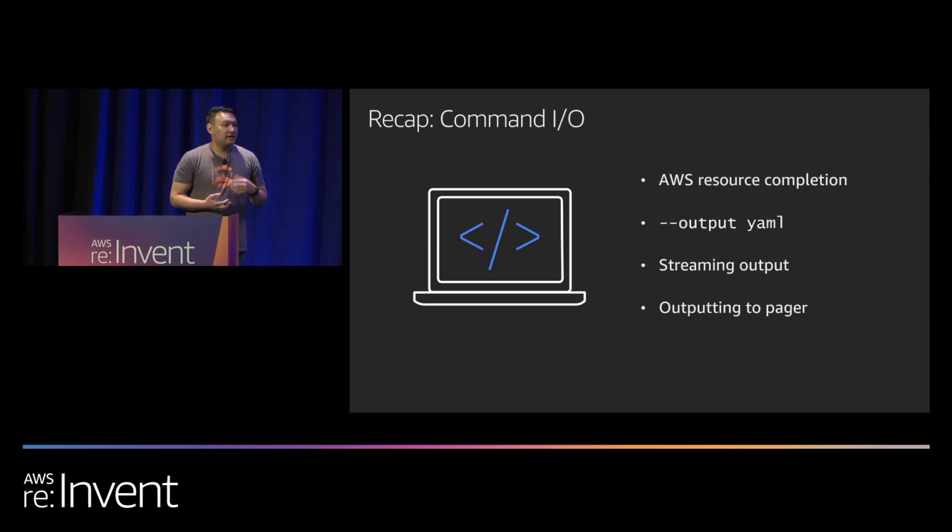Then we looked at some improvements to the streaming output that also included this new YAML stream that should make things a little bit more efficient and responsive in the CLI. And of course, throughout that, as I was running commands, we saw that it was putting the output to a pager so that I didn't have to scroll back if the output exceeded one page.